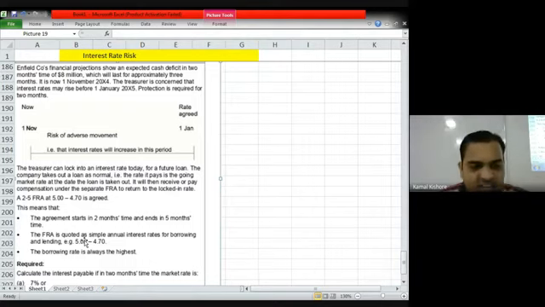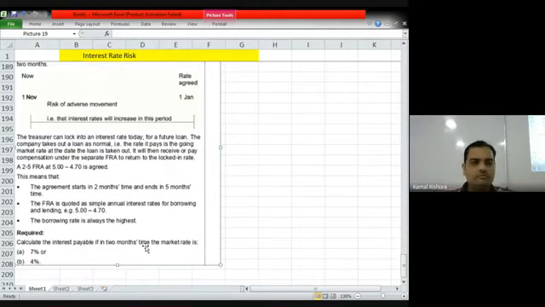Market rate is 7%. That means under FRA, am I gaining or losing? Because of FRA, I am gaining. Why? Because market rate is 7%, but I have agreed at 5%. So 2% of 8 million is a gain. It is 160,000. And in the other case, how much is the loss?